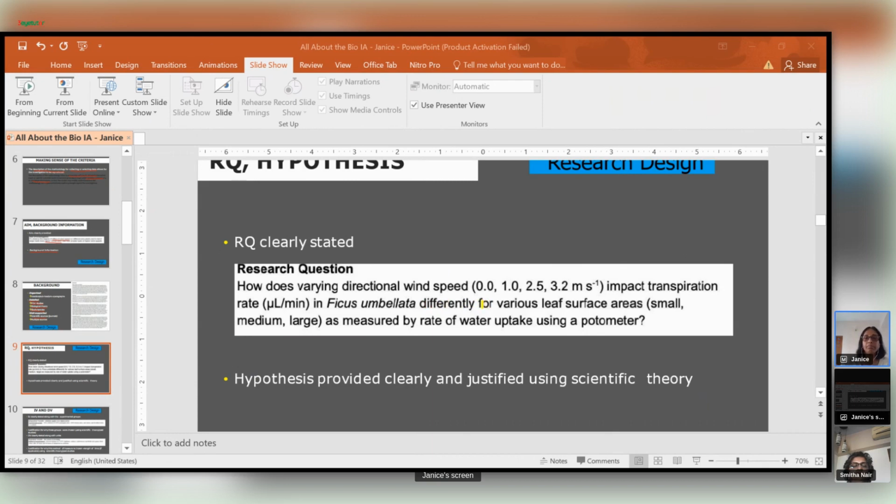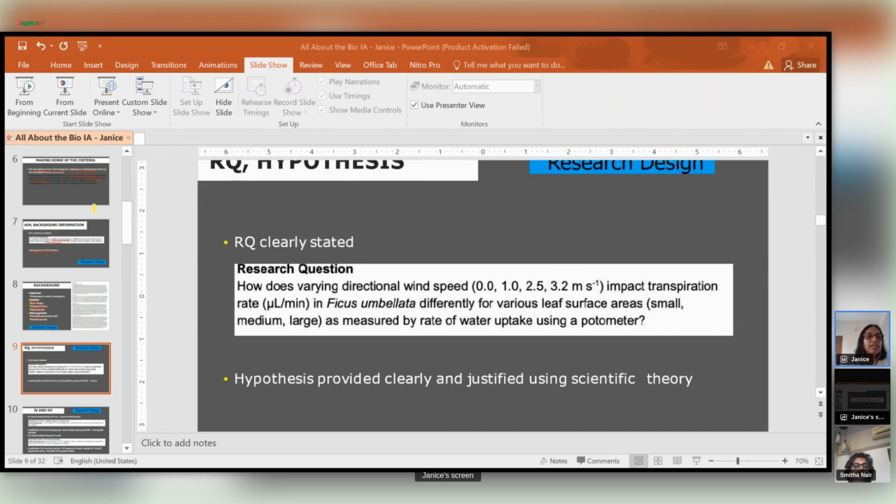Got that very clear? So how am I measuring the transpiration rate? With the help of the rate of water uptake, using a potometer.